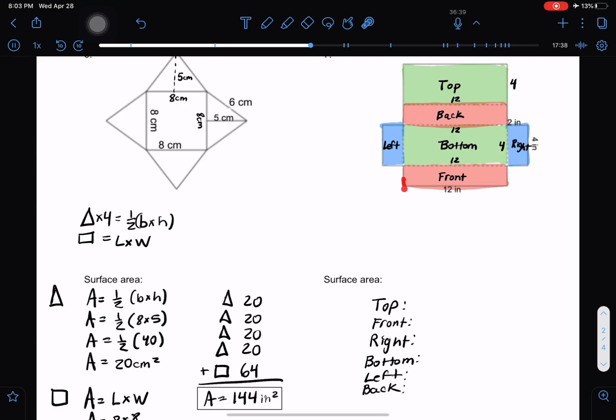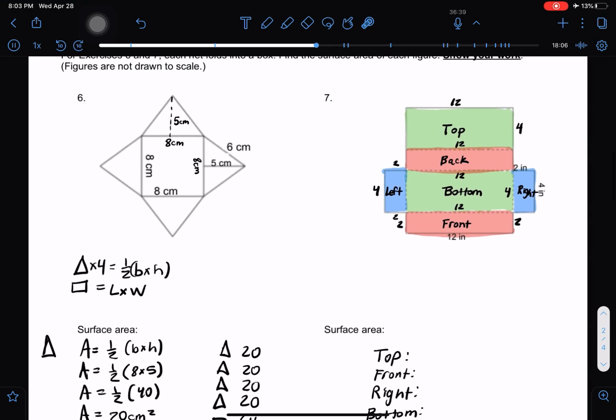You don't have to label these, but if it helps, you can label all of those side lengths 12. You can label the left side as 4 by 2, and then we know that because this is a 4 by 2 and knowing that these 2 vertices will meet at some point, the front also has the sides of 2 inches.